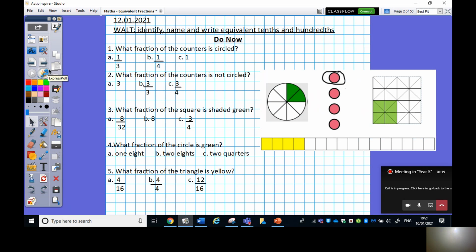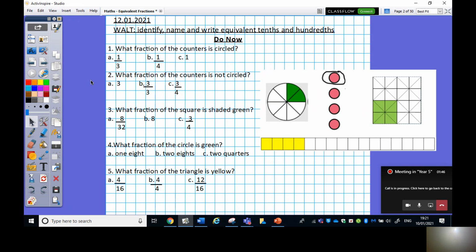So today we are going to identify, name and write equivalent tenths and hundredths. The first thing that I would like you to do is to complete the do now. 1. What fraction of the counters is circled? 2. What fraction of the counters is not circled? 3.